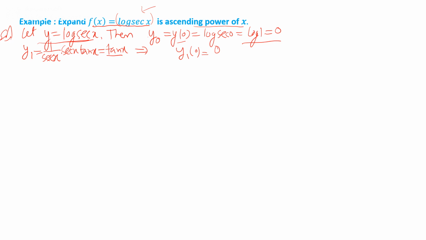Now take the second derivative, that is y2. The derivative of tan x is sec square x. Here you can write sec square x as 1 plus tan square x, and as tan x is y1, we can write 1 plus y1 square.